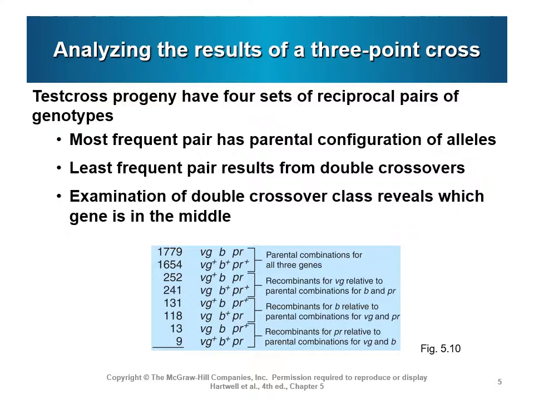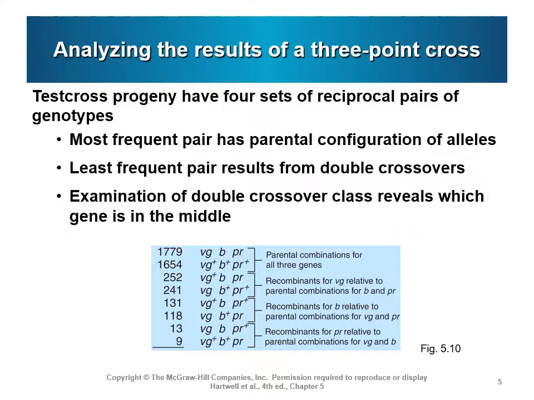In this case, it's the one that gives the 13 and 9. Examination of the double crossover class reveals which gene is in the middle. You have one flipping and then another flipping over it, and whichever gene is in the middle will end up being in the middle. Let's just simplify this.